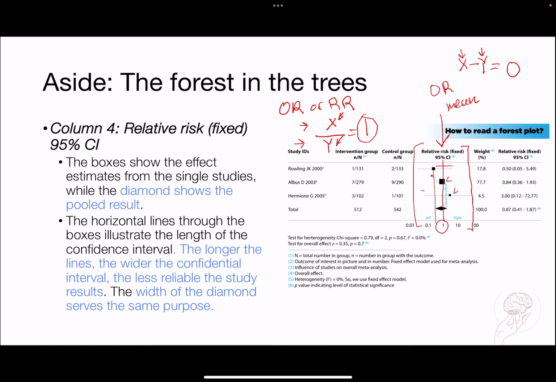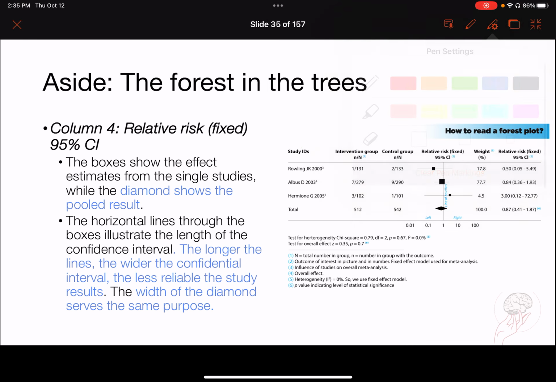Let me erase this really quick. So then we also have a diamond. And the diamond is the average of all the effects and their confidence intervals. So the top and bottom points are the mean, and the left and right points are the confidence intervals.